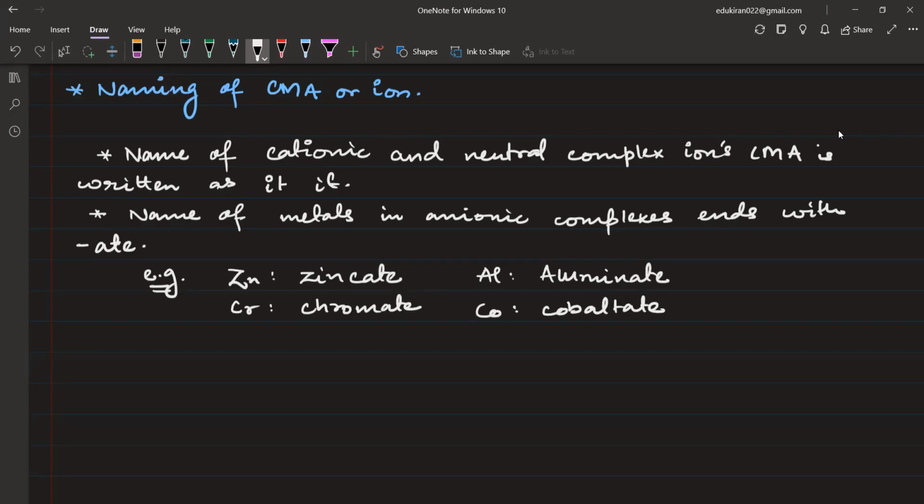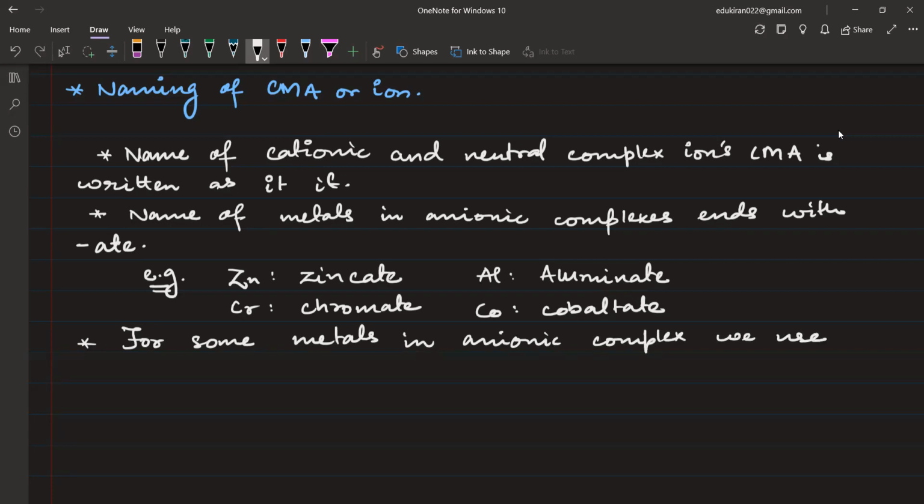Okay. For some metals it's very simple, right? For some metals in anionic complexes, we use Latin names.